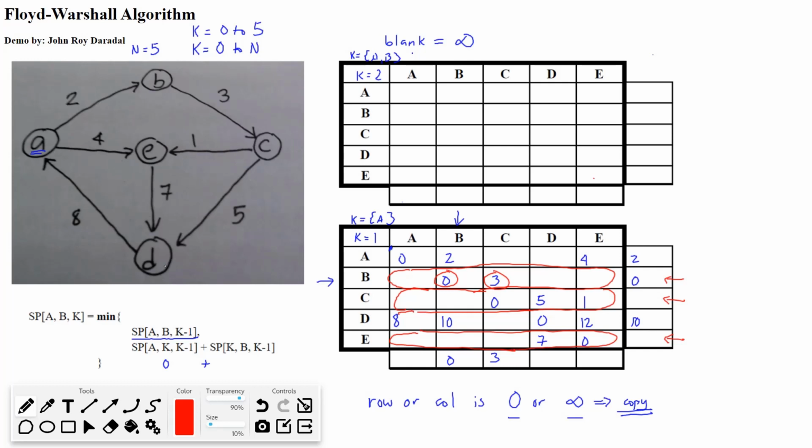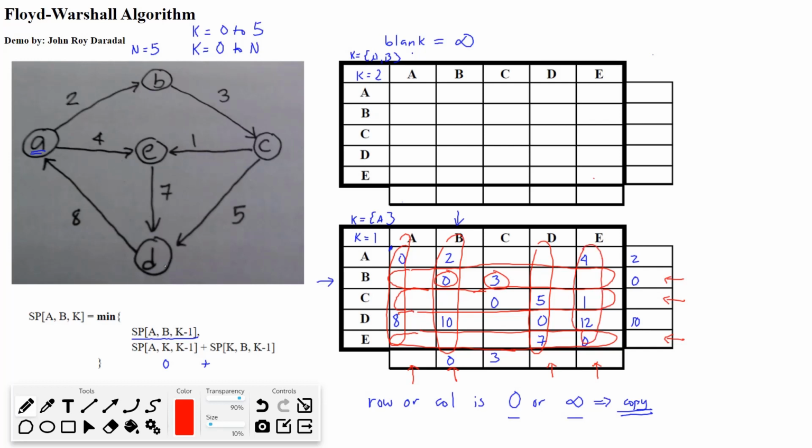Now for the columns, we'll also copy this one, this one, this one, and this one because they are 0 or infinite columns. So everything here should be copied. Everything here should be copied. Everything here should be copied, and everything here should be copied.